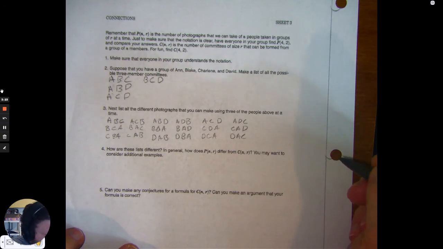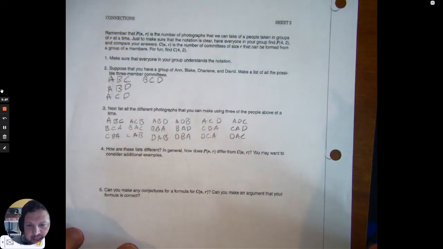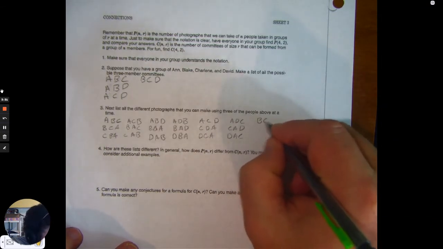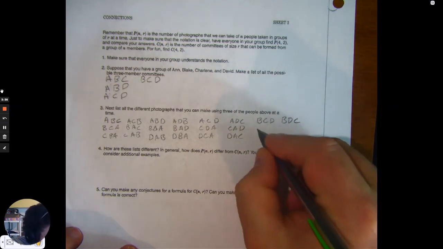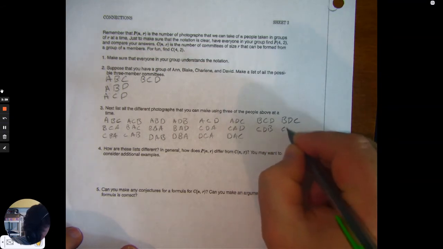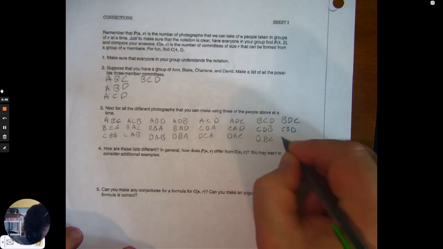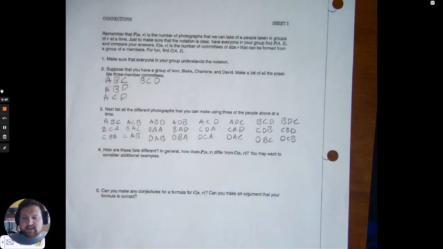And then finally, Ann's been in every group. I take out Ann, and now I'm just left with Blake, Charlene, and David. So I could have Blake, Charlene, and David, or I could have Blake, David, then Charlene. Then I could have C, D, B, C, B, D, and then D, B, C, and D, C, B. So there's quite a substantial difference when the order matters.